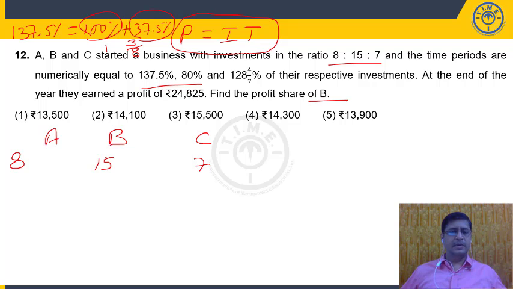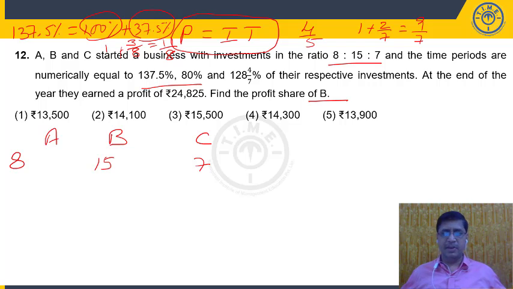Yes. Similarly, 80% means 80/100, which is equal to 4/5. 128 4/7 means 100 plus 28 4/7. So 100 means 1, 28 4/7 means 2/7. So which is equal to 9/7. And here it is 11/8.